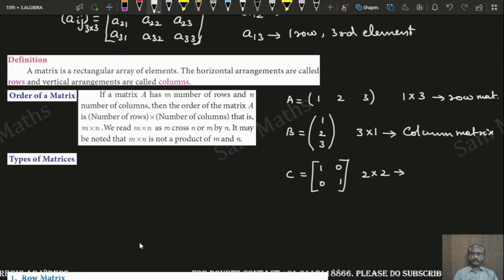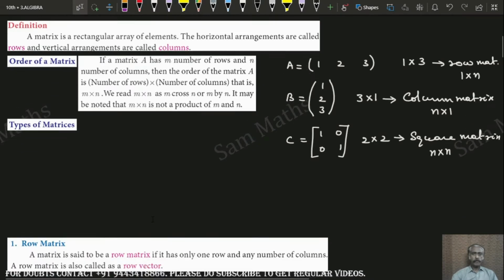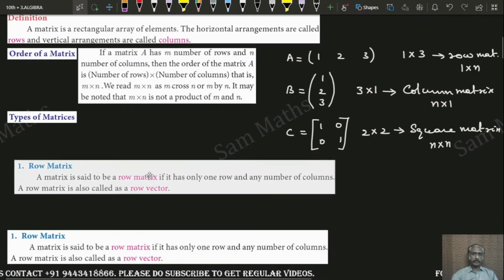This we can say is a square matrix. The general order will be n by n. Column matrix will be n by 1. Row matrix will be 1 by n. Okay, children, in general.